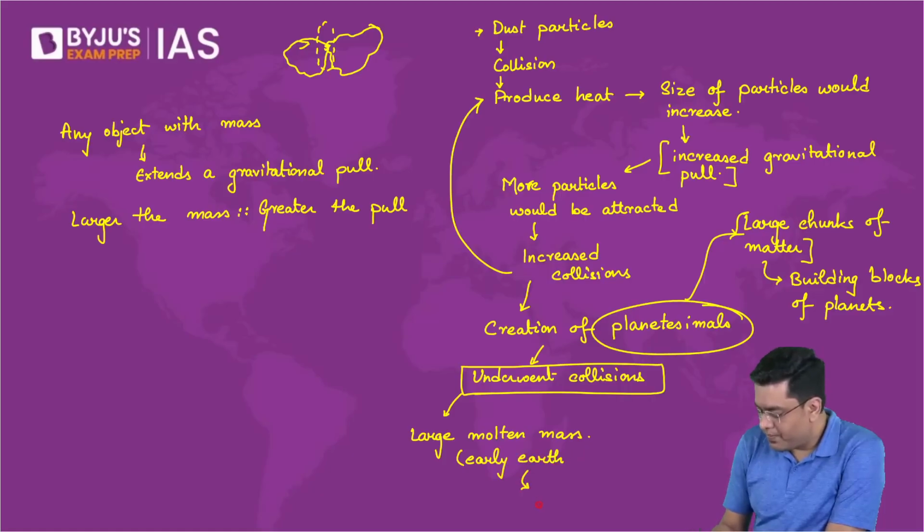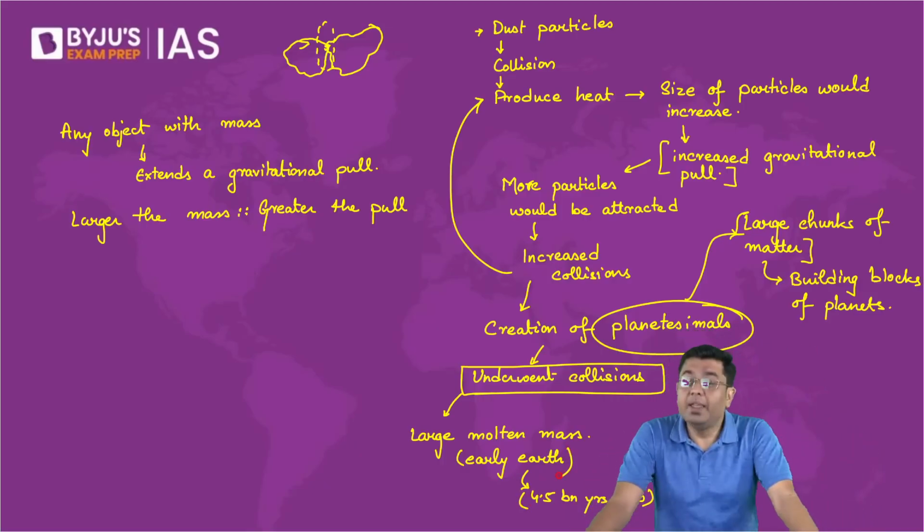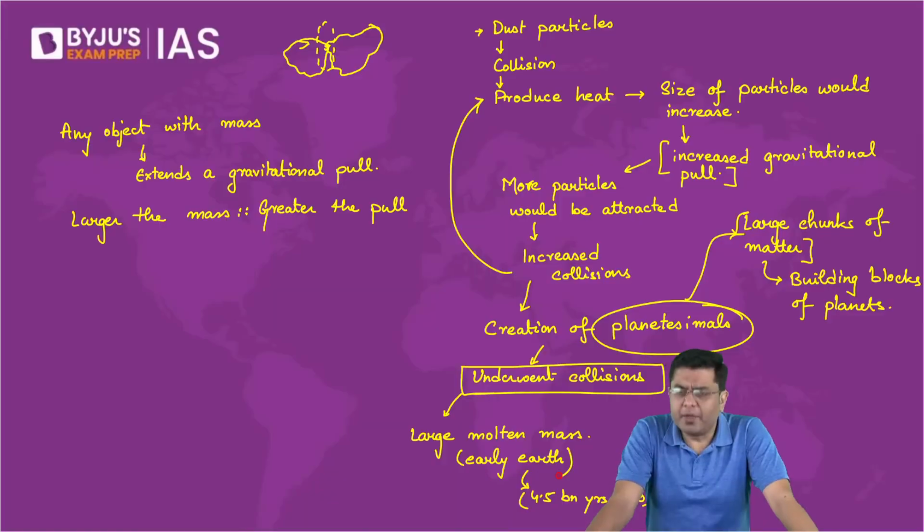Around 4.5 billion years ago. Now, initially when the planet was created, everything was in molten form. Everything was in a molten state. Molten means something which is liquid, right?